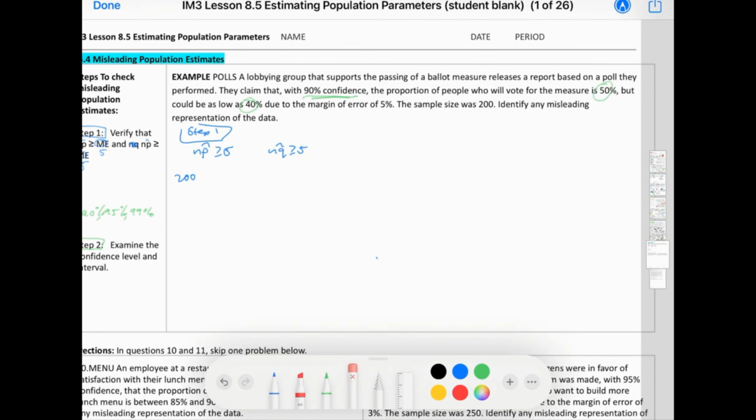All right, this is how I got p-hat. If you add 5% to p-hat, you get, say, 50%, because if you do p-hat minus the margin of error of 5%, that's the margin of error, E, think of it as E. So if we subtract 5%, we should get 45%.